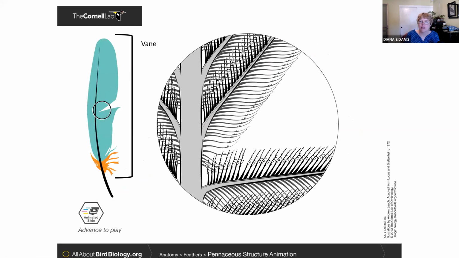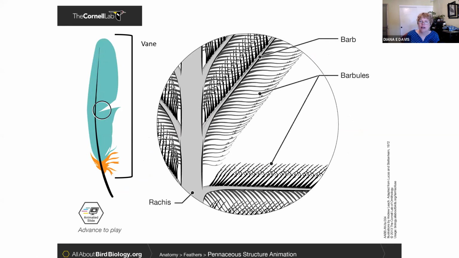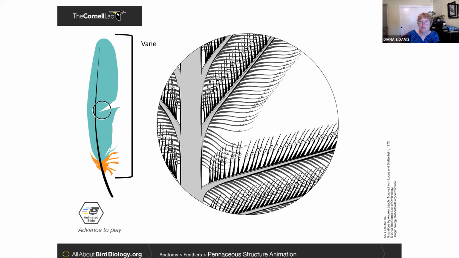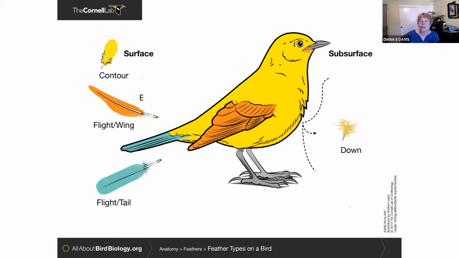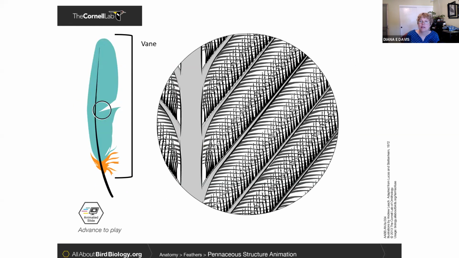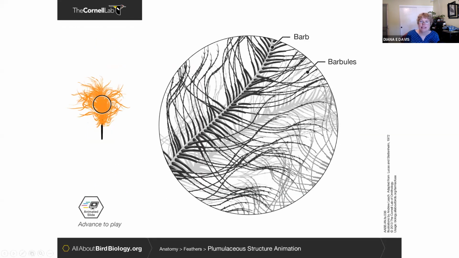Oh, there goes the video. Not sure why it wasn't going earlier. Okay. This is a down feather. You can see a shaft. You can see barbs, but they're not connected.